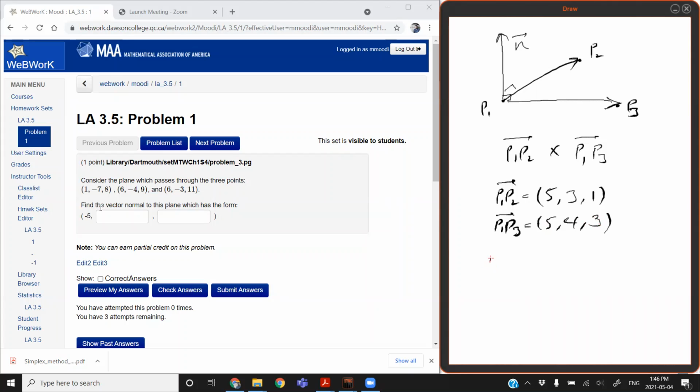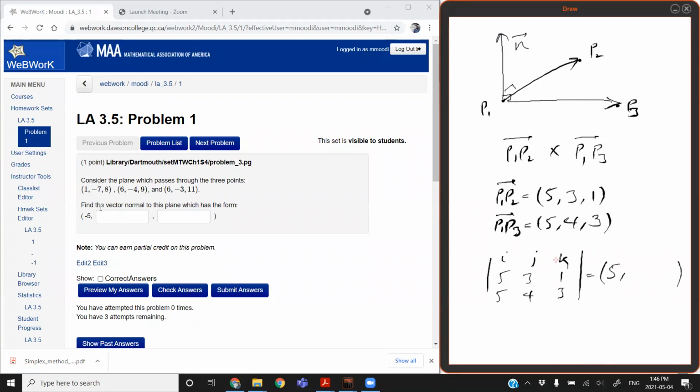Okay, I'm just going to cross them using the formula, i, j, k, 5, 3, 1, 5, 4, 3. So the cofactor corresponding to i is going to be 9 minus 4, 5.